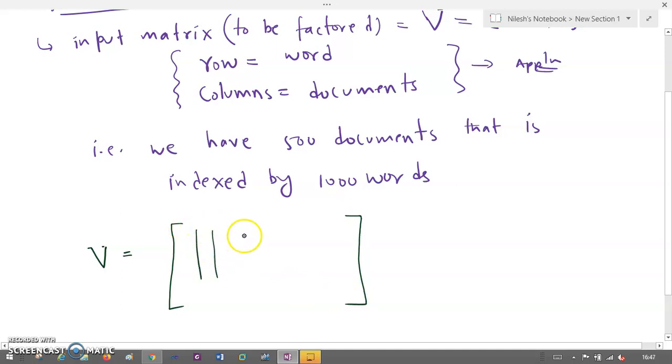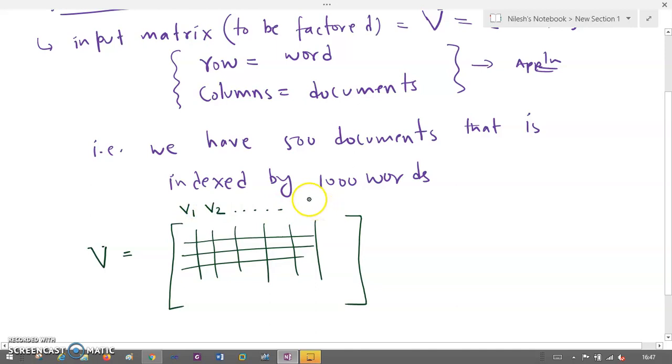So these are the columns and these are the rows. Okay, it looks like a matrix. So this is starting from V1, V2, and till V500. Okay, so these are small v, so it is nothing but v of i, that I was talking about.